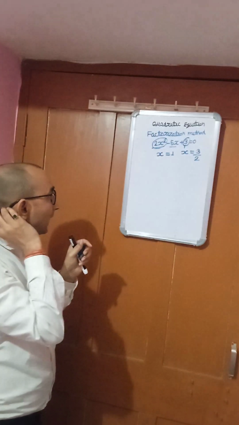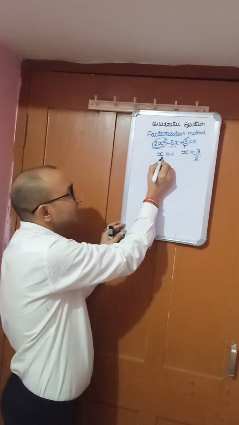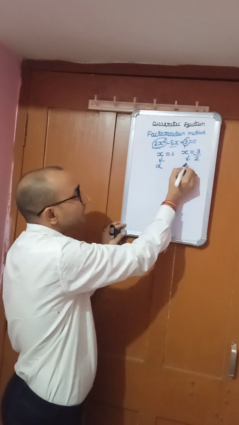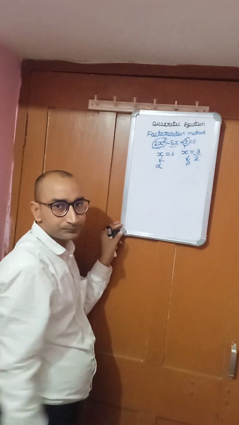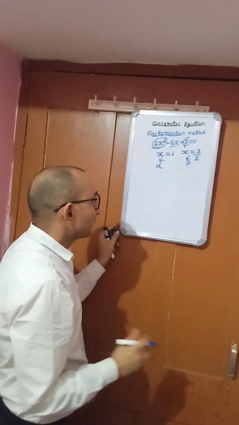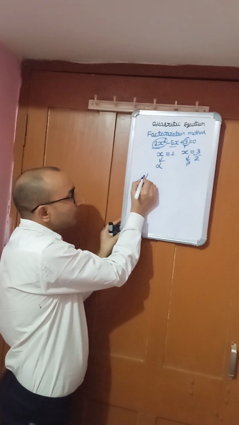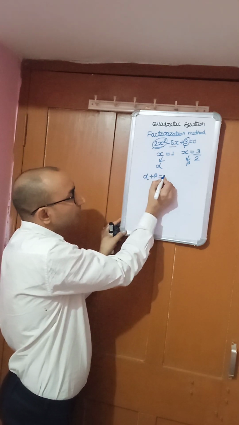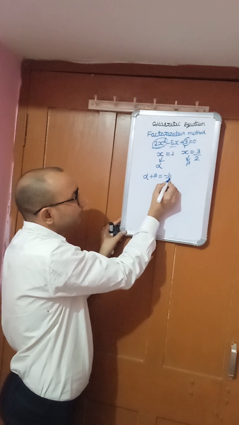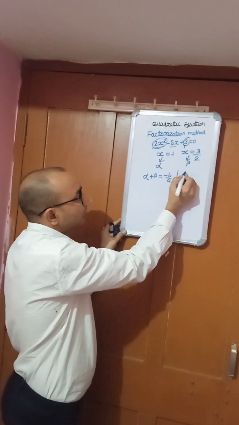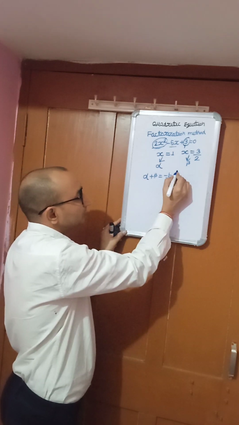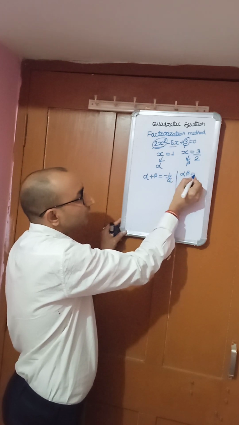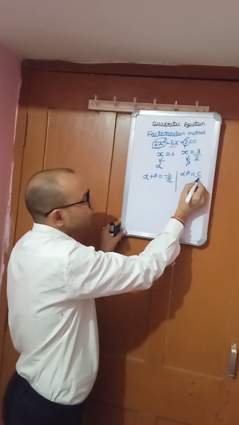Means I want to name this as alpha and this as beta. One formula is that alpha plus beta equals to minus b by a, and alpha into beta equals to c by a.